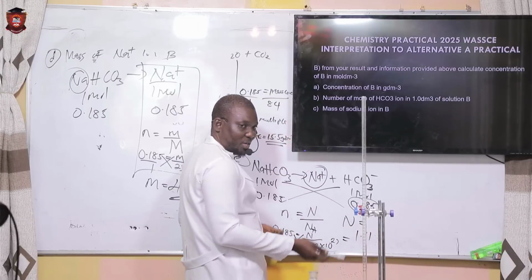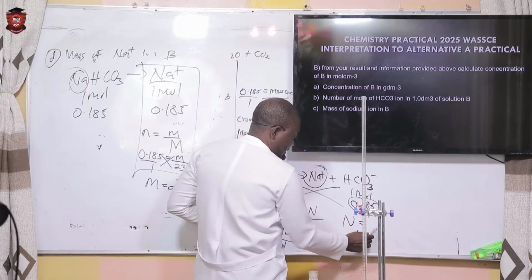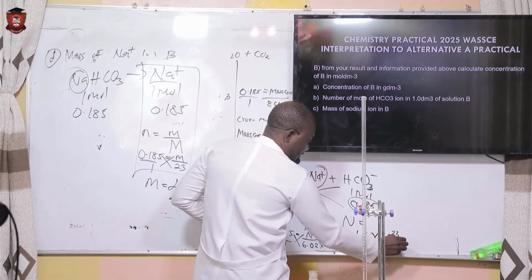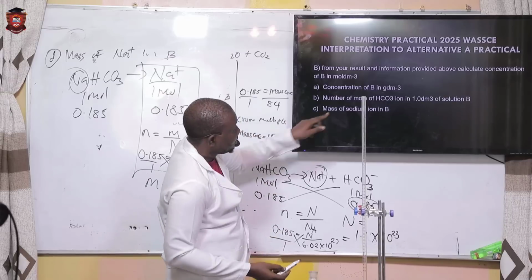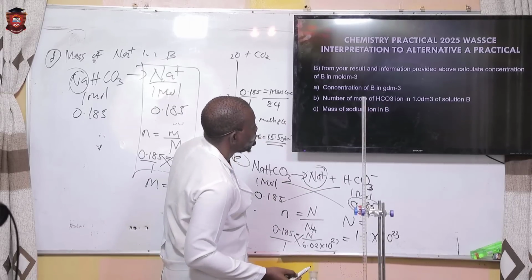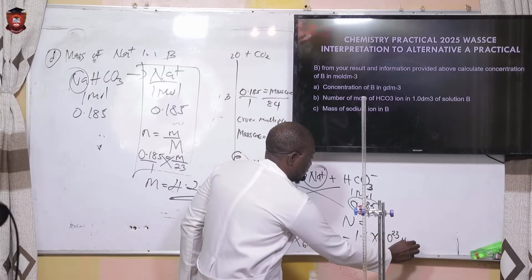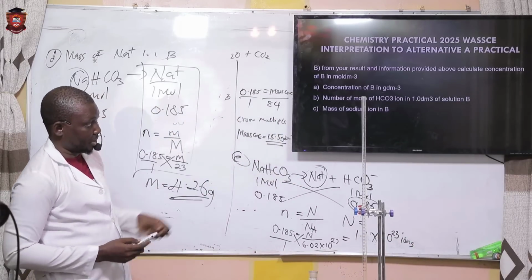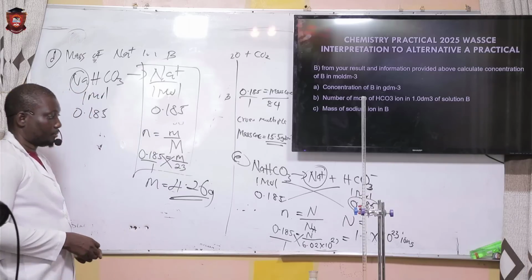So 1.1 is okay. 1.1 times 10 to the power 23. What are we looking for here? The number of moles of what we are looking for is what? Ions. So that is the number of ions of that particular radical in that space.